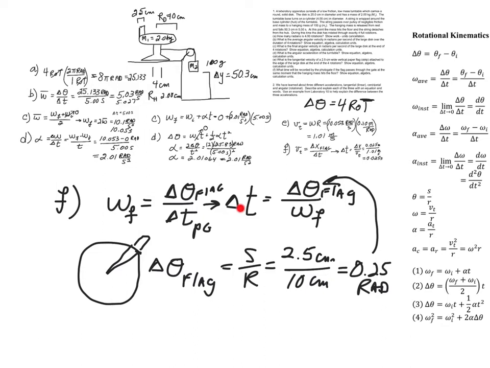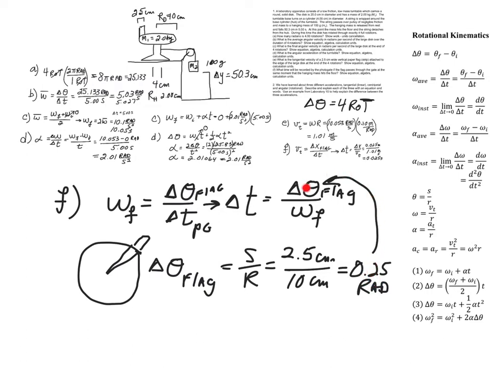And so to get the photo gate time, we just take that small angular displacement and divide it by omega final. And the small angular displacement, for any angle theta, is the arc length over the radius. So 2.5 centimeters is the width of the flag, 10 centimeters is the radius of the disk, and that gives you 0.25 radians.